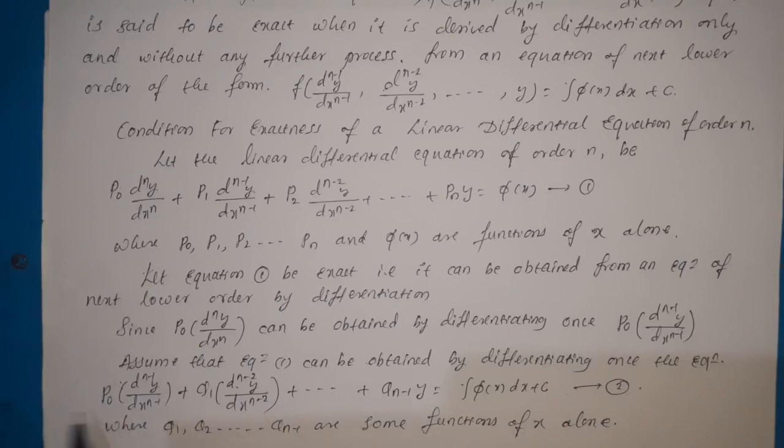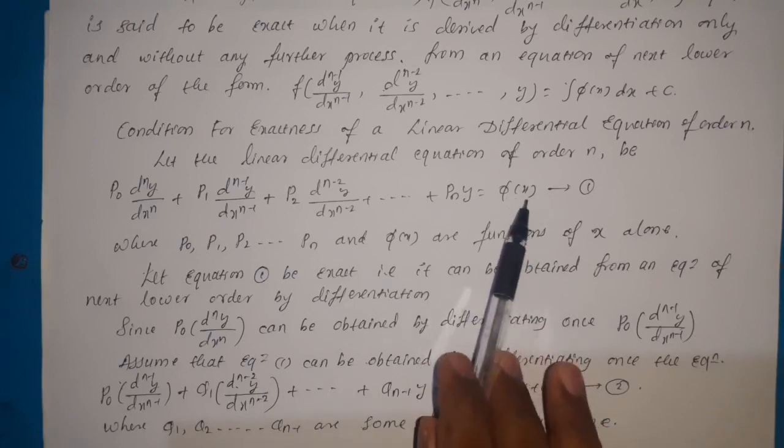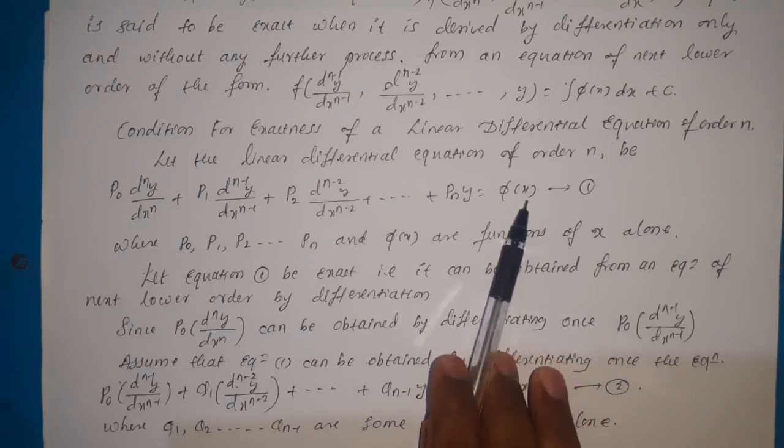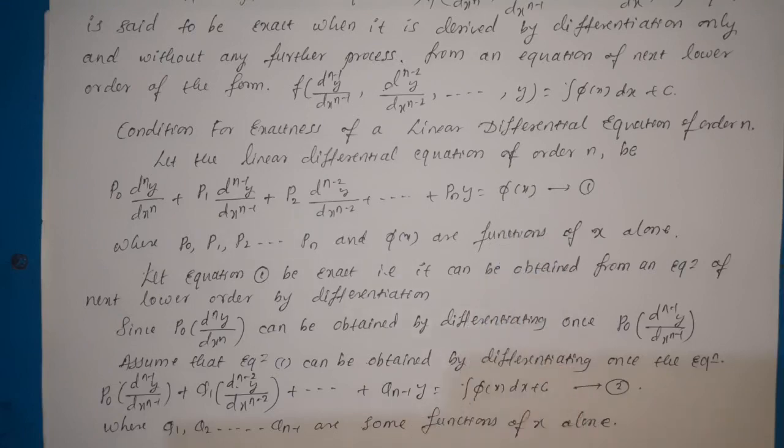So therefore p naught as it is, then q1, q2, q3 and so on up to q n minus 1 y is equal to the integration of phi of x dx. We know why we are taking integration here, because we can get phi of x only after differentiating this function.